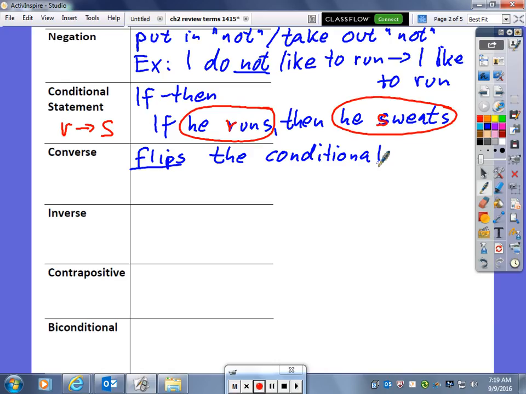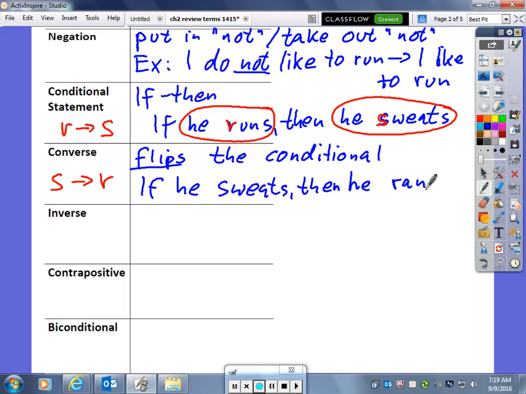So then if we move or flip the hypothesis and the conclusion, in symbolic notation we would now write if S then R. In other words, if he sweats, then he ran. And don't worry about using a different tense here. We just have to see how it makes sense.